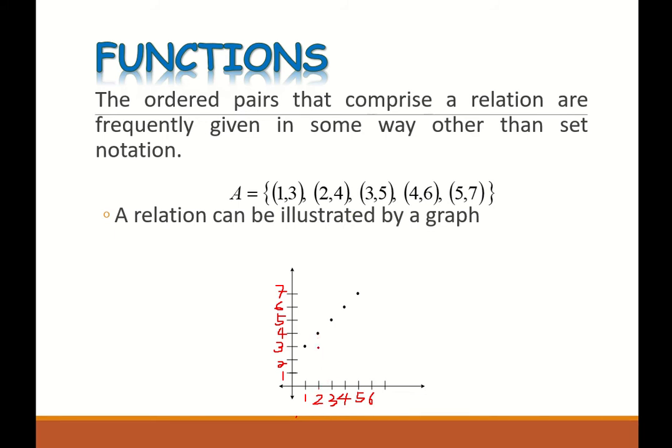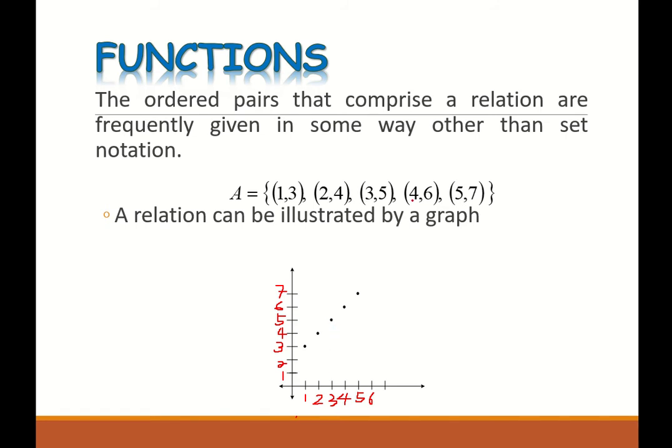Okay, 2, 4. So it means that from the origin towards this, that is 2, and going up, we have 4. So 2, 4. Then 3, 5. So 3, extending from the x-axis towards this point, then this is 5.